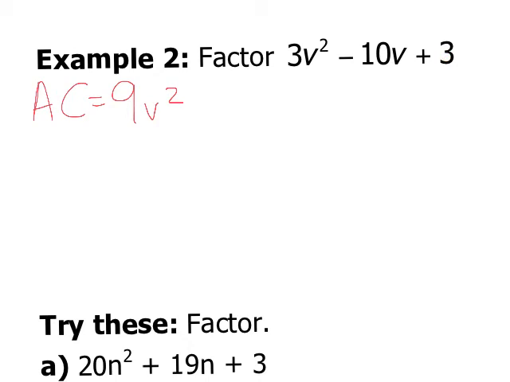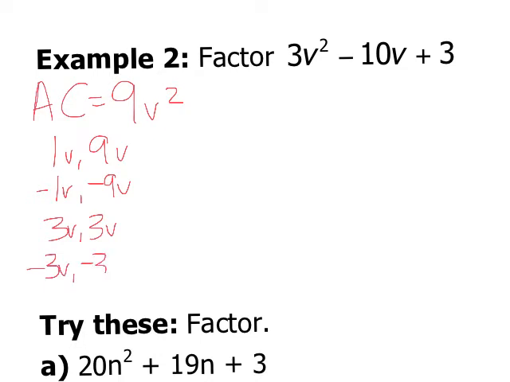Since it's positive, I can do 2 positive or 2 negative. So I have 1v and 9v, negative 1v and negative 9v. How else could I get 9? 3v and 3v, or negative 3v and negative 3v.